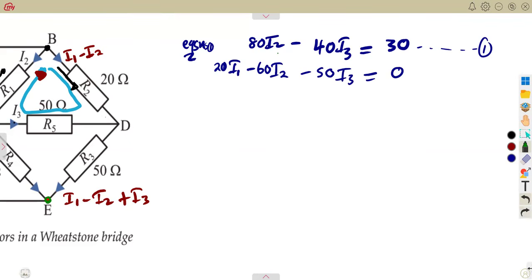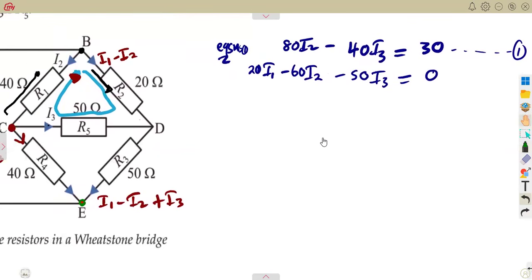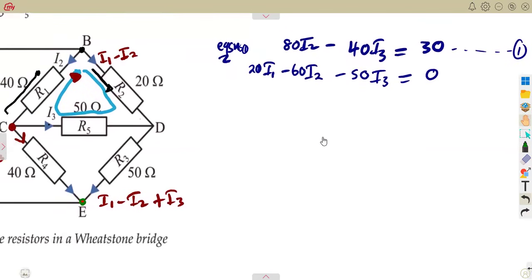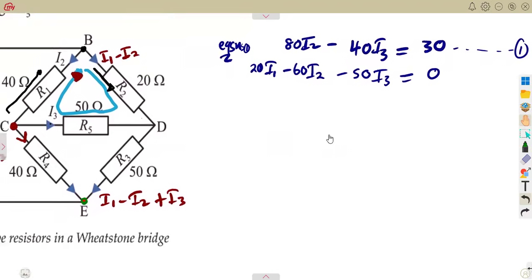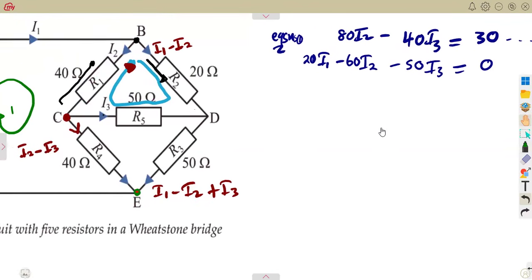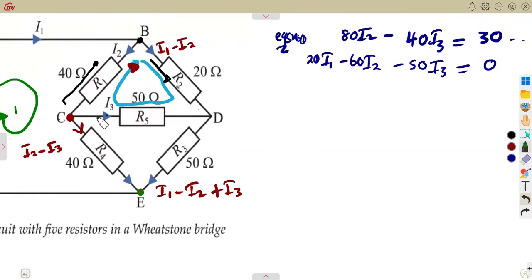So you must have 3 equations to solve those currents because we've got 3 unknowns. With 2 unknowns, you just work with your normal equations and solve for those 2, using 2 equations. With 3 unknowns, 3 equations. Since that is the case, let's form another equation because we need to have 3 equations in that case.